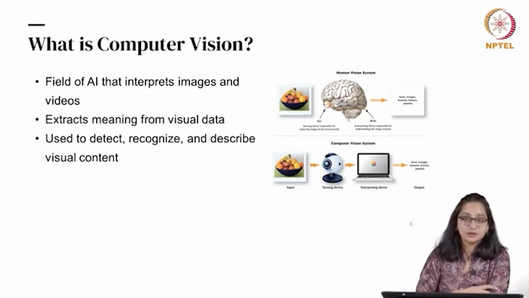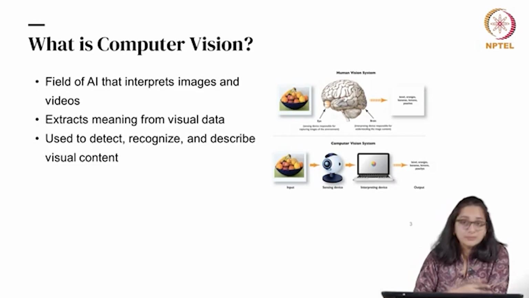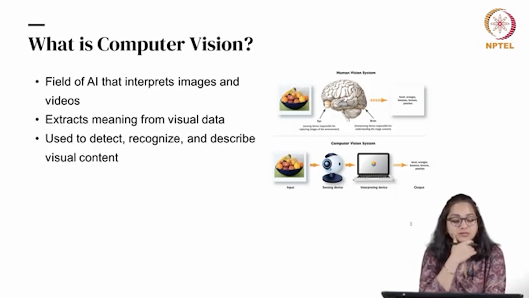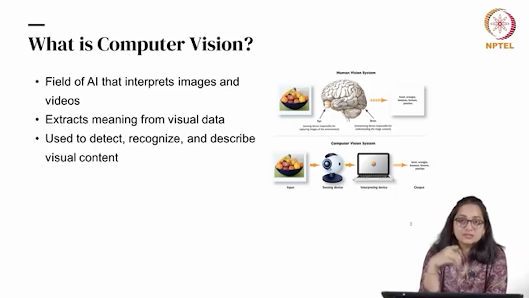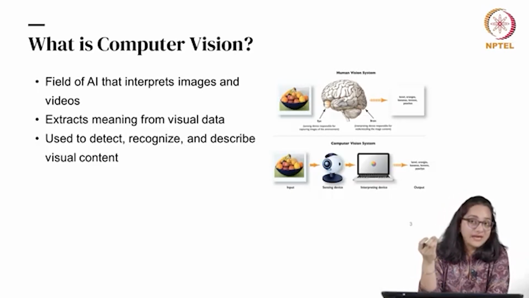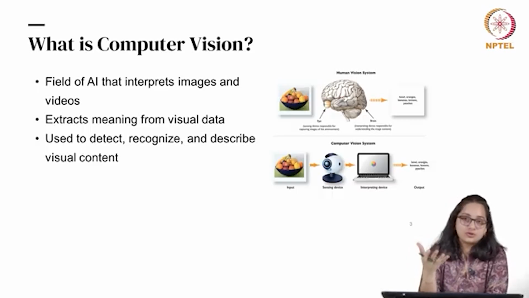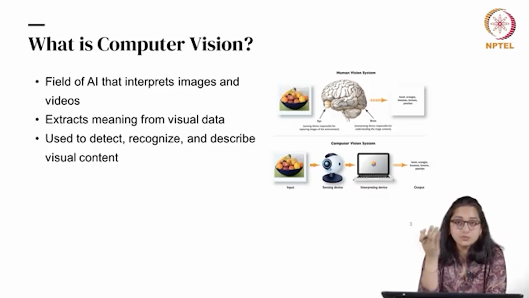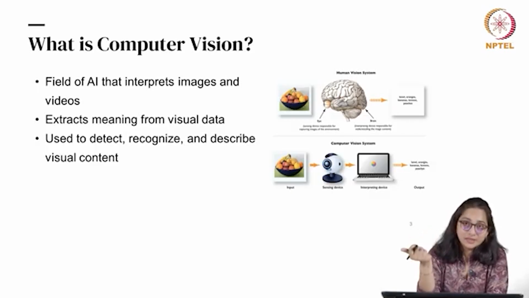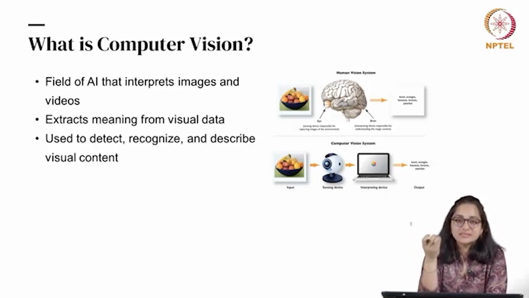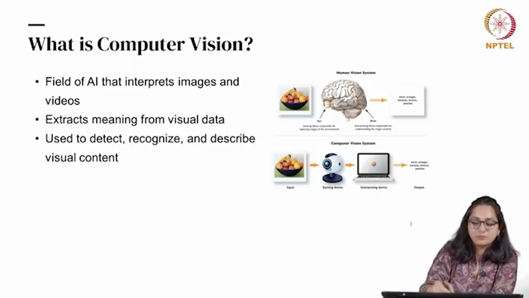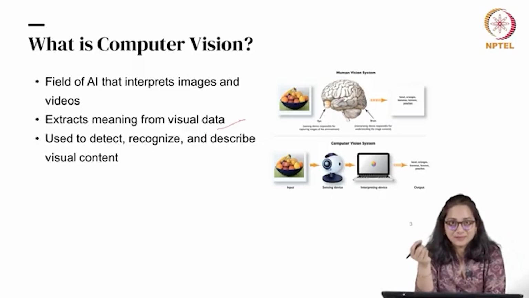So models are usually ML, machine learning related models that interpret either live video, which is your camera feed, or it can interpret videos, or it can interpret images and extract meaning from that visual data.